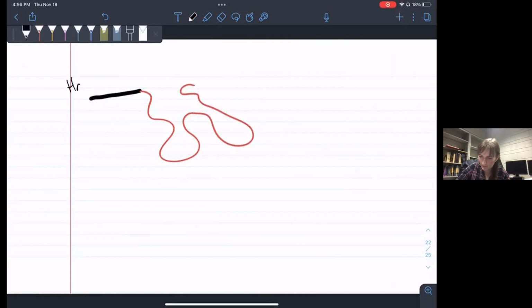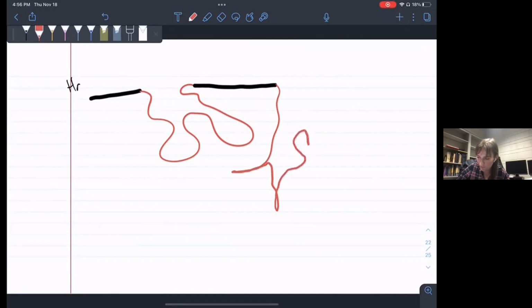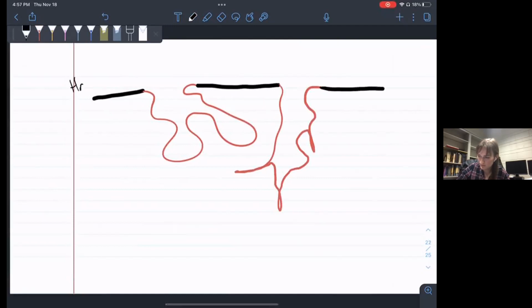Who knows what happens? Maybe there's even backtracking, so maybe I'll draw some backtracking. But there's not so much backtracking that it goes away entirely. So this is H_R, this is supposed to be G_R minus 1.